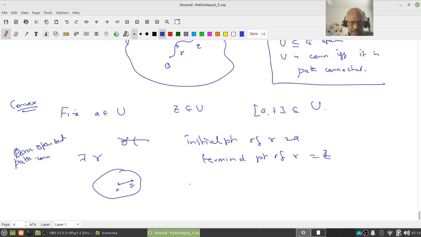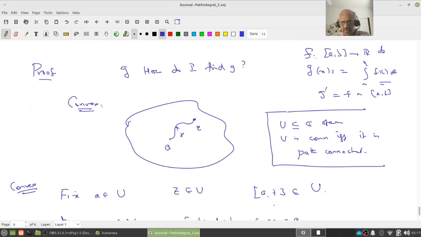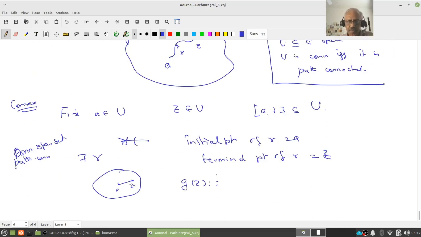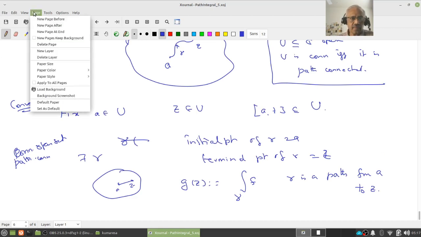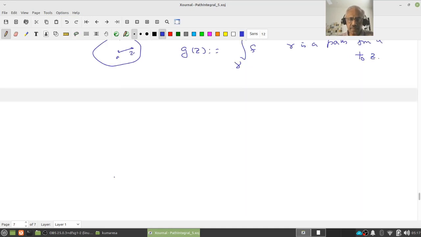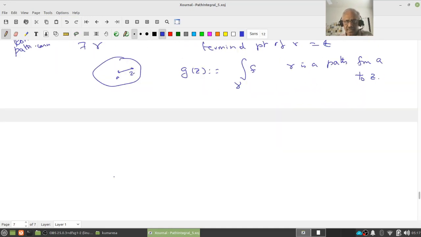So how do you think I should define G of Z? Remember what I recalled about the path version of the fundamental theorem of calculus? The obvious thing is to define it as the integral over gamma of F, where gamma is a path from A to Z. This is like an indefinite integral.